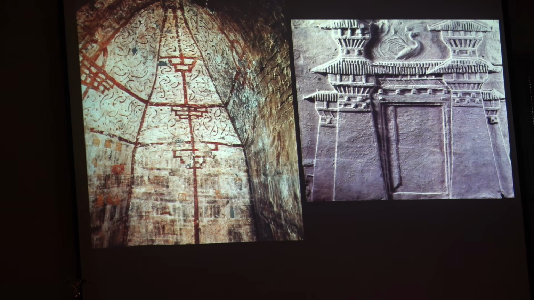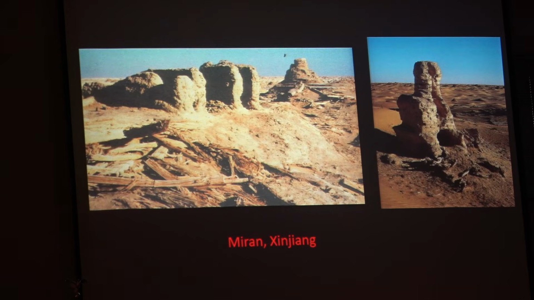On the right, from the 1st or 2nd century CE, a picture that you find in books since the 1930s, relief sculpture inside a tomb with two of the gate towers that you're seeing and that we've just seen in full size. And if you're wondering about the bird and you know what the 4 directional animals are, this is a red bird, and this tells us that the tower should have been in the south.